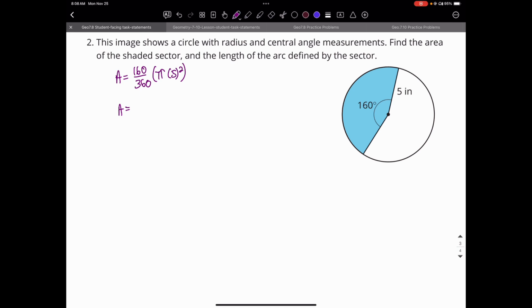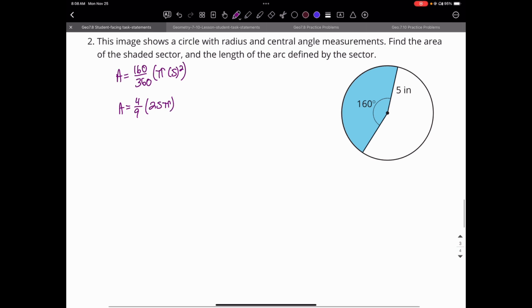So this ends up being 4 over 9 times 25 pi. Area equals 25 times 4 is 100 pi over 9. And there's no way to simplify this without using a decimal. So we're going to leave it as that.